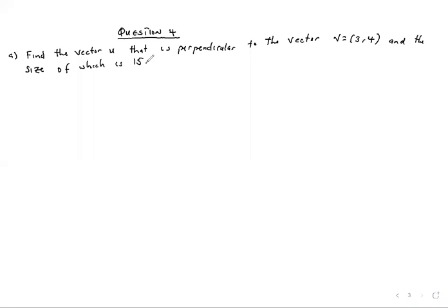This question is asking us to find a vector u that is orthogonal to v. So that means that we are looking for the vector u that when multiplied by v, you get 0. And of size 15, size is the magnitude. Magnitude of u should be equal to 15.